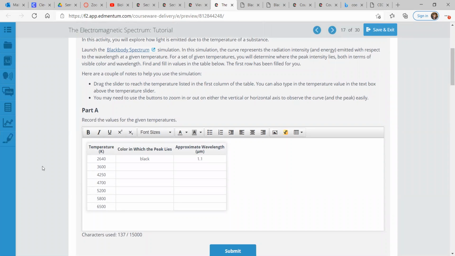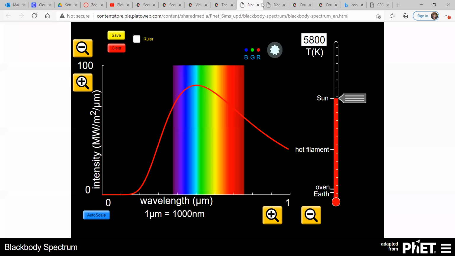So here we go. For example, 2640 temperature, color in which the peak lies, black, approximate wavelength 1.1 nanometer.